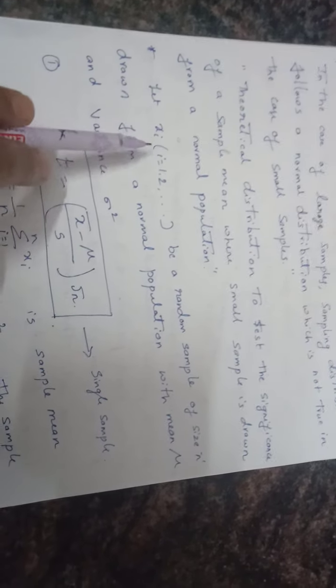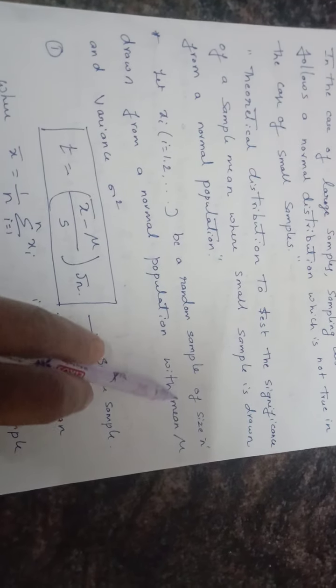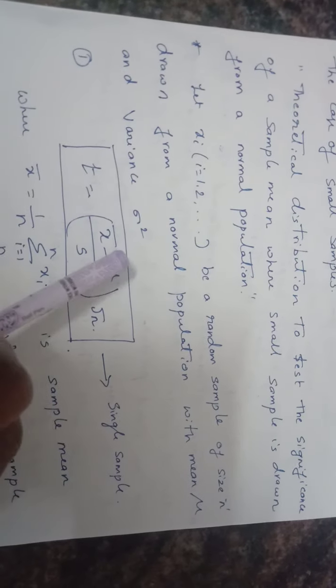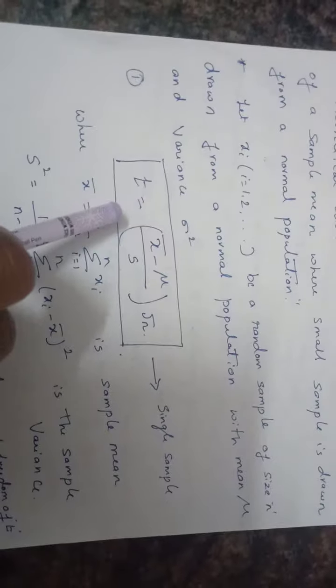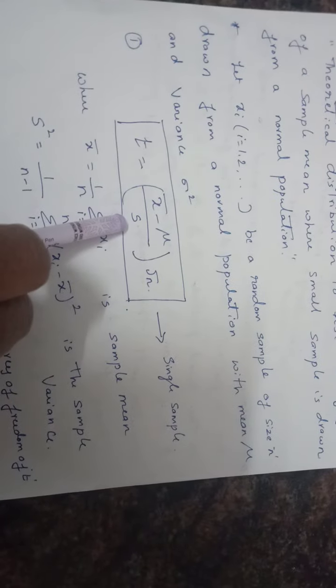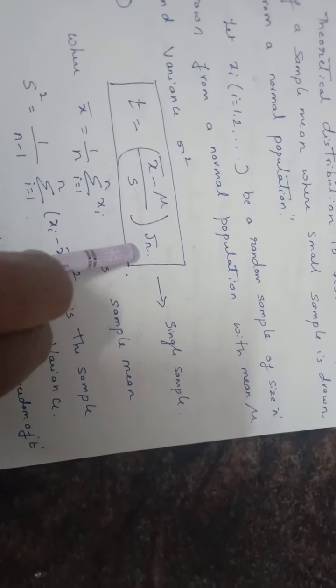Let xi be a random sample of size n drawn from a normal population with mean mu and variance sigma square. Then the student t formula is t equals x bar minus mu by s into root n. We have two formulas here.